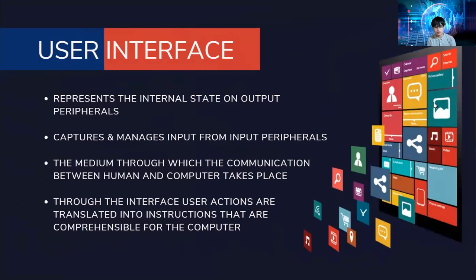It captures and manages input from input peripherals and the mediums through which the communication between human and computer takes place. And through the interface, user actions are translated into instructions that are comprehensible for the computer. So the user interface is where the human and computer interact.